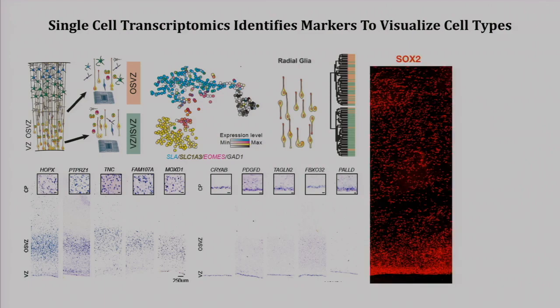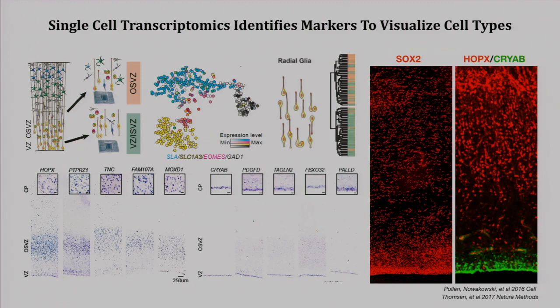So what started off as a uniform population could now be distinguished by selectively labeling two distinct populations in the ventricular surface and in the outer subventricular zone. Very similar findings were reported by a parallel publication from the Allen Institute, Thompson et al., which also pinpointed some of the same genes.